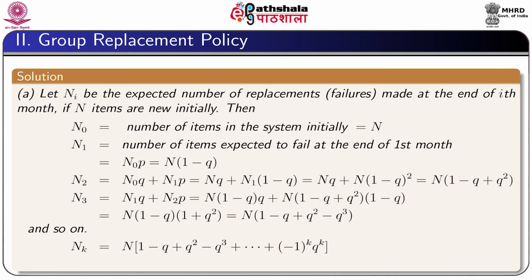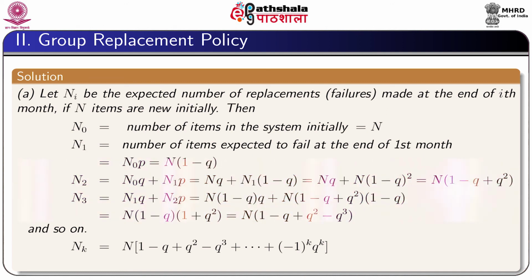Similarly, we can calculate N_2 as the number of items expected to fail at the end of second month. N_0 into q. So, N_0 is the number of items initially. So, at the end of second month the probability is q. Therefore, we have N_0 into q, and N_1 items which have survived 1 month only.